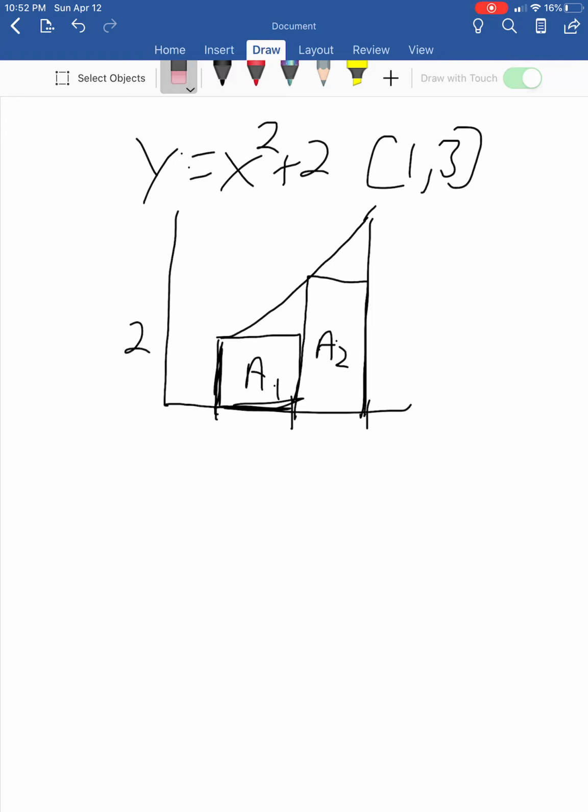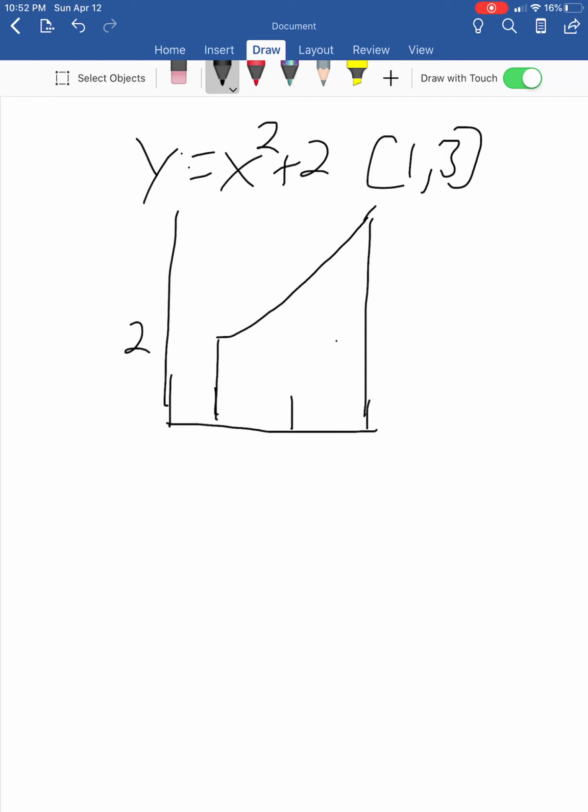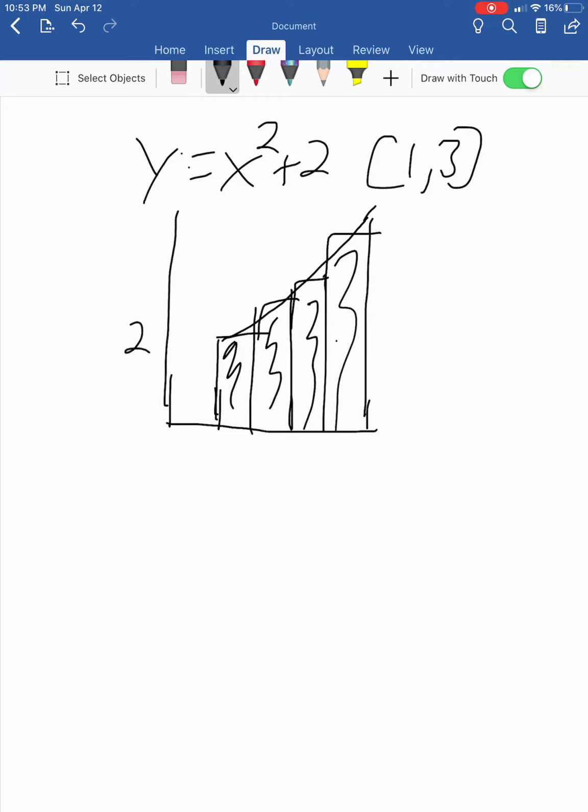Now this one has 2 rectangles, so we would get a better approximation of the area if we broke it up into 4 rectangles. Just find the area of each rectangle. We'd get a better approximation if we broke that up into 8 rectangles. So the more rectangles we have, the closer we're going to get to the actual area of the shape.